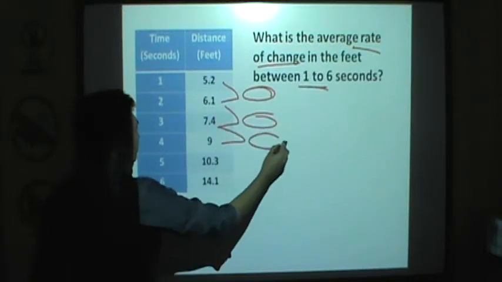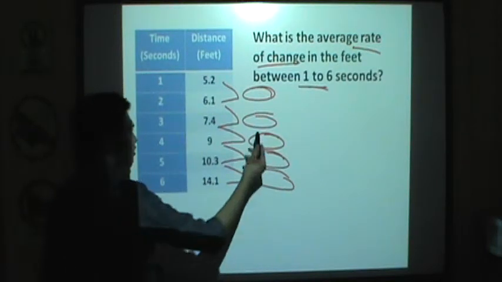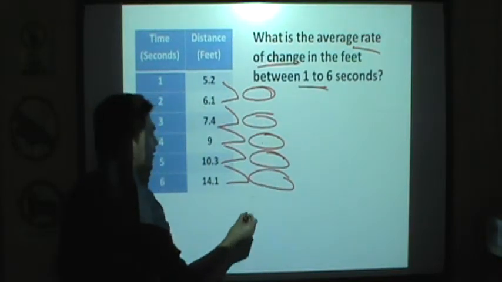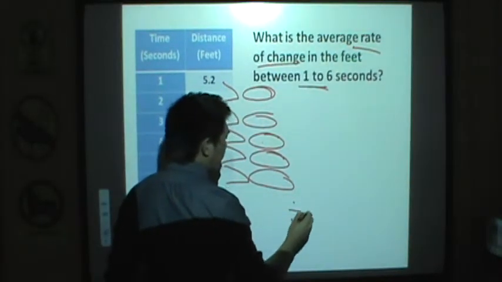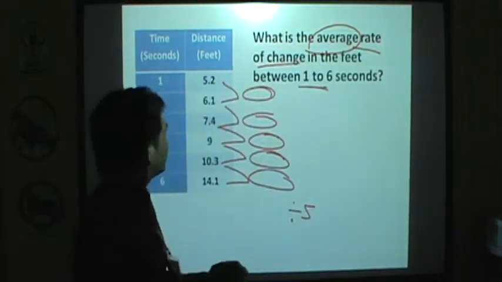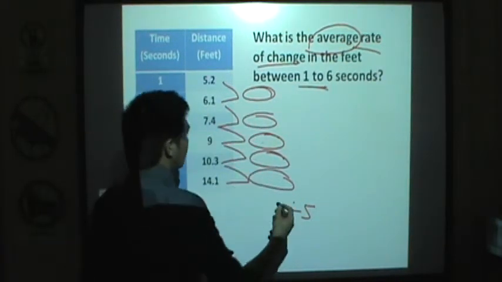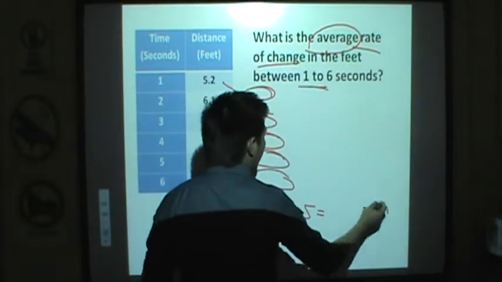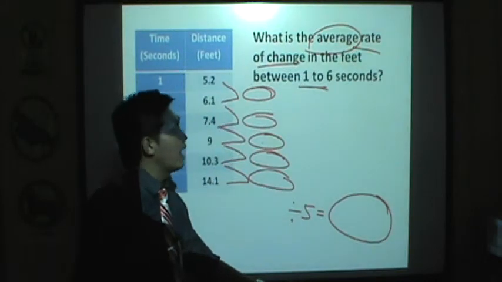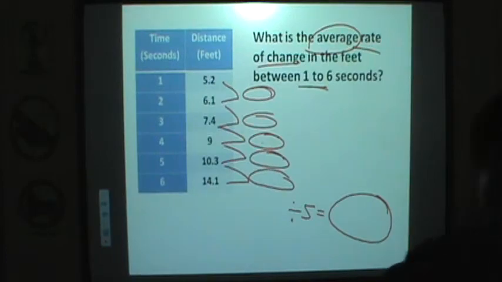After you get all the answers there, you can add the 5 values and divide by 5, because of the word average: you're finding the average of the rate of change of these numbers, divided by 5, and that would be the answer for this problem, the average rate of change. Okay, that's about it.